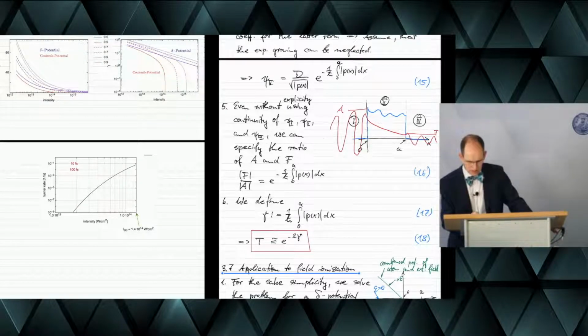So here the tunnel rate is in 1 over femtoseconds. If you multiply it with the pulse duration and you get something on the order of 1, you would know that the ionization is saturated. And here you have 10 femtoseconds. Depending on the intensity, you see whether you get saturation or not.